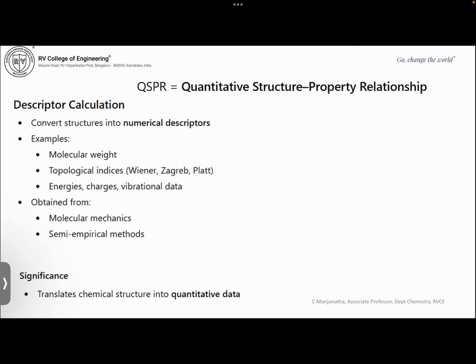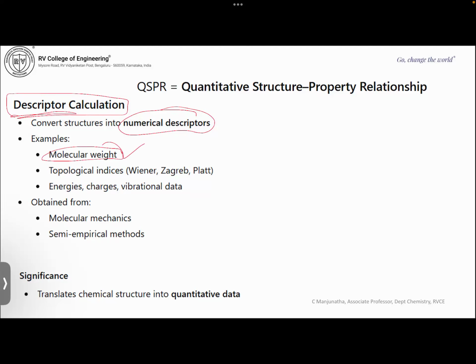The third stage is the descriptor calculation. At this stage, it converts the structures into numerical descriptors. So this we have discussed in our previous recording. The molecular structure is converted to a graph, the graph to a matrix, and the matrix to topological indices. Here the molecular weight is a given, it will be some number.